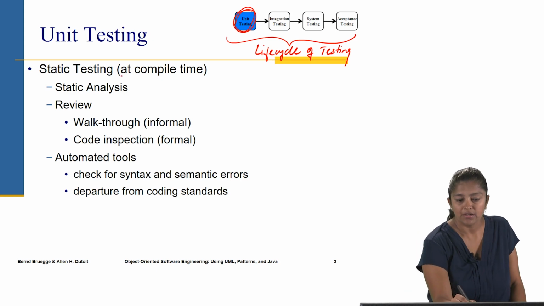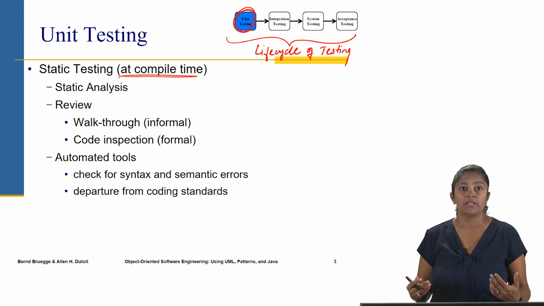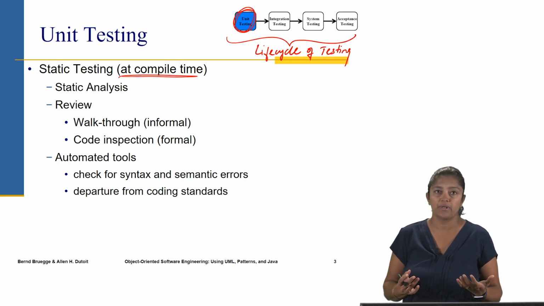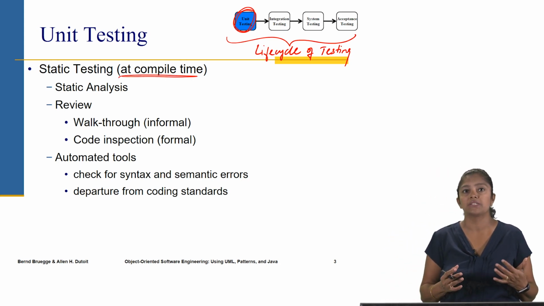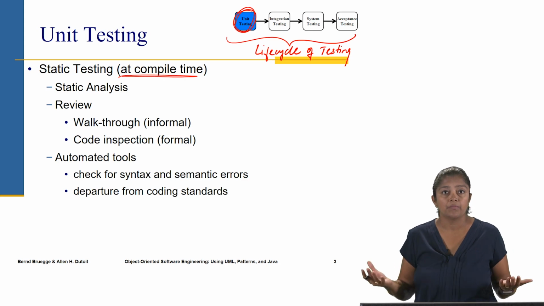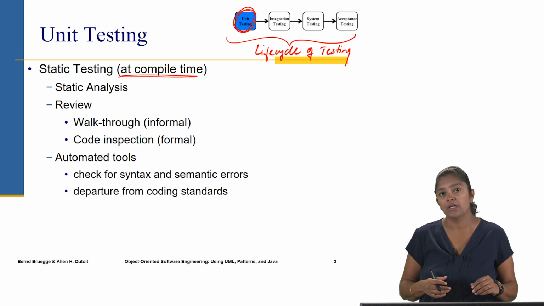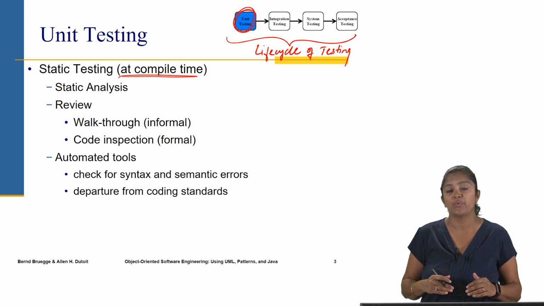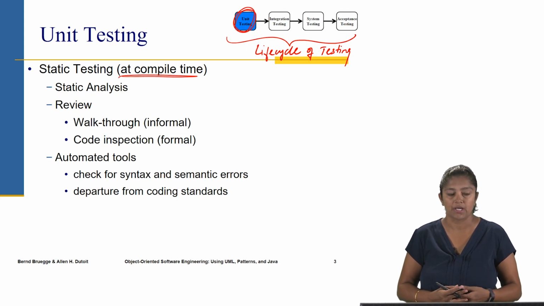It could be done at compile time, and that's basically static testing. Here some code has been written, it may not be complete, it's still not built and it's not being executed. Even as early as that stage, we can perform unit testing.